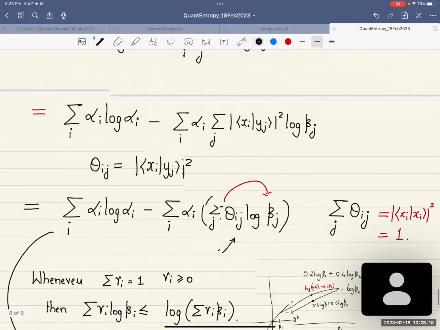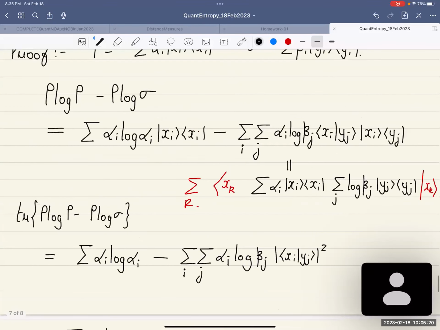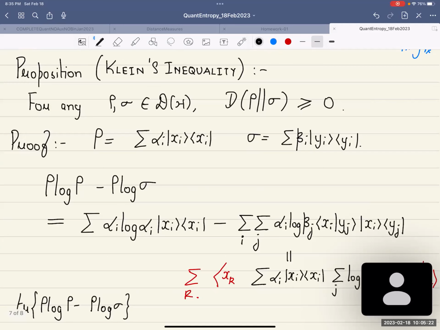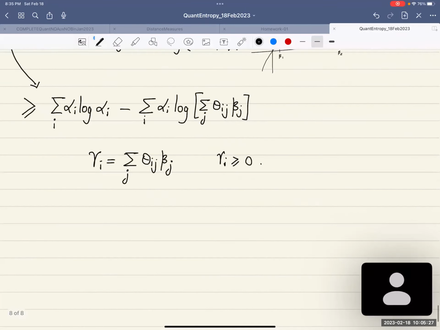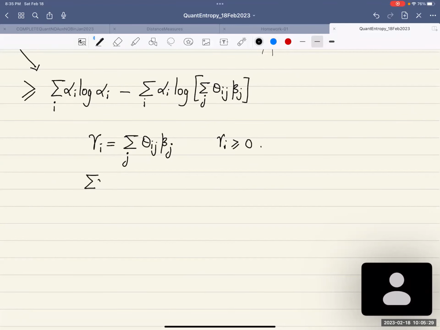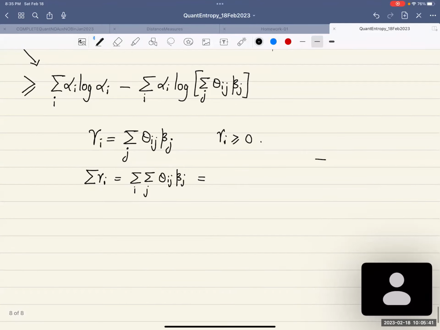Remember what the beta j's are. Beta j's are the eigenvalues of sigma, so all the betas are positive. All the theta ij's are also positive. Suppose I sum over gamma i, what do I get? The sum over i, j of theta ij beta j. Similarly, you can show theta ij when I sum over i is also 1, because this is summation over i of mod xi yj squared.